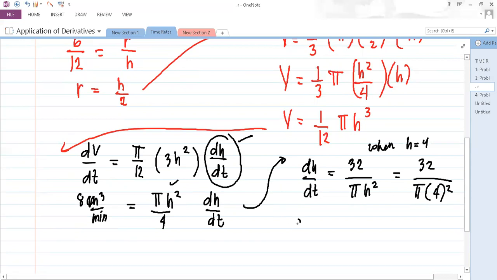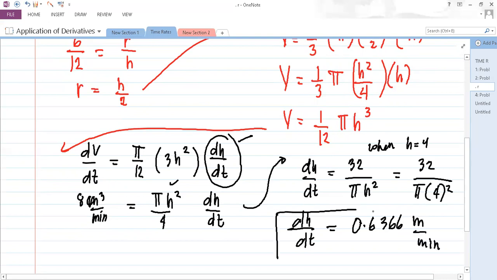So we can now get the rate of the water, which is 32 divided by pi multiplied by 4 squared, that is 0.6366 meters per minute.